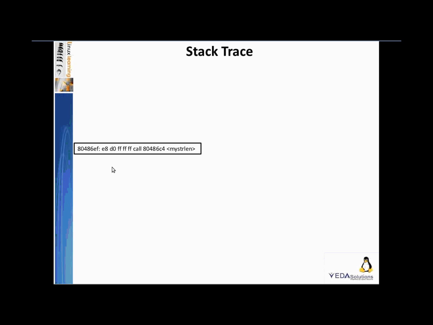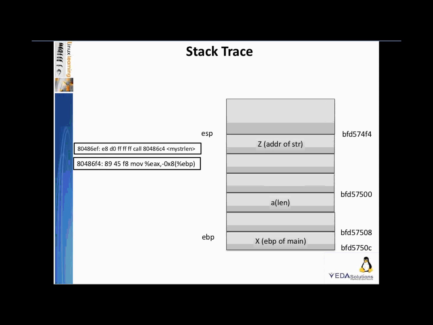This particular function needs to find the length of that particular string pointed to by str and return that value. The return value is being stored at -8 of EBP, which happens to be the location A. So in this particular location, we are holding the return value of the function MyStringLength, and this is the address of that location as per the stack dump that we have looked at earlier.